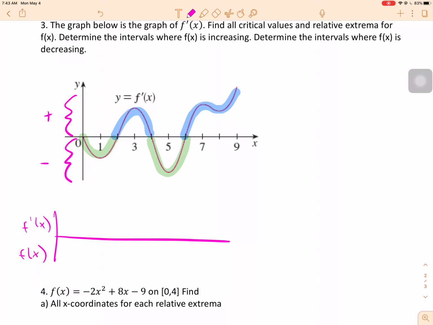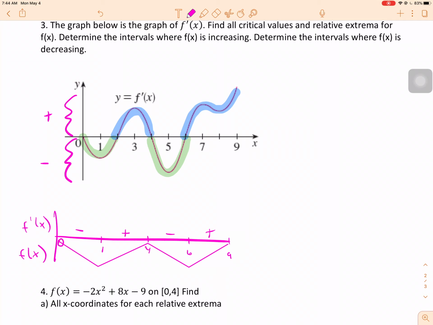All right, from 0, I guess we have a closed interval here, so from 0 to 1, negative. From 1 to 4, positive. From 4 to 6, negative. And then from 6 to 9, positive. So that means it's decreasing, then increasing, then decreasing, then increasing.